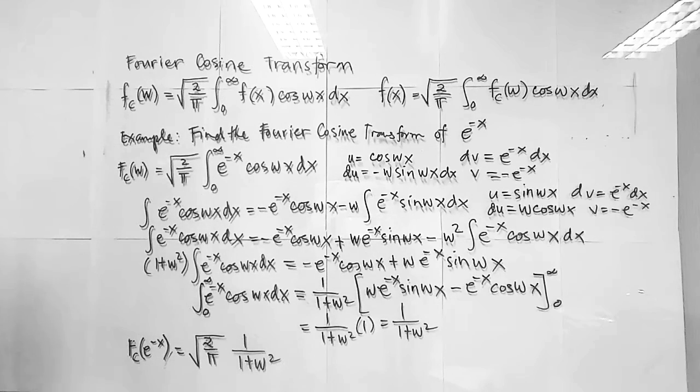That's it. That is now the Fourier cosine transform of e raised to negative x.